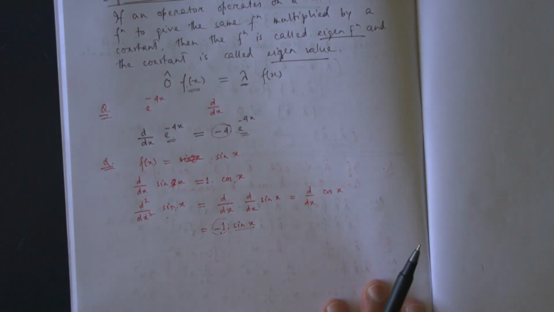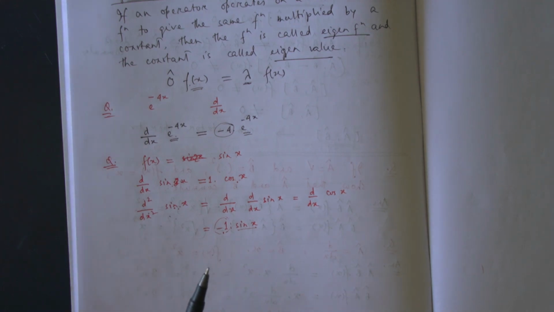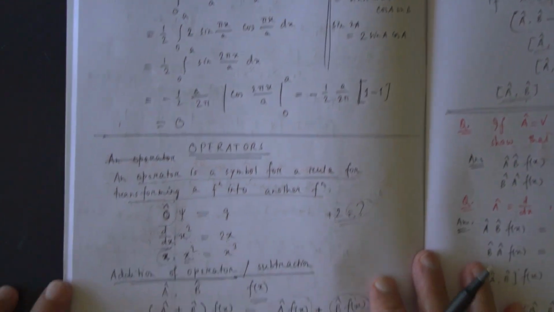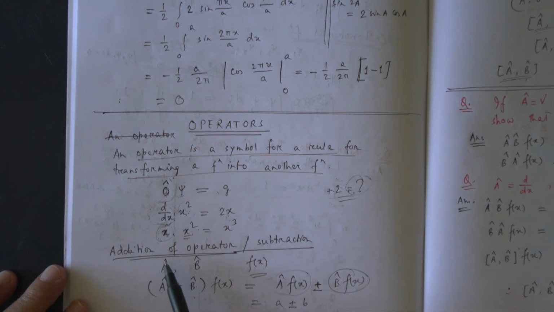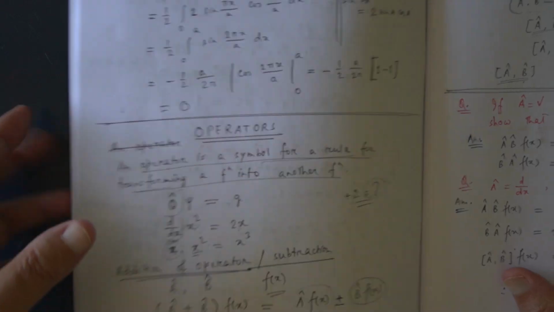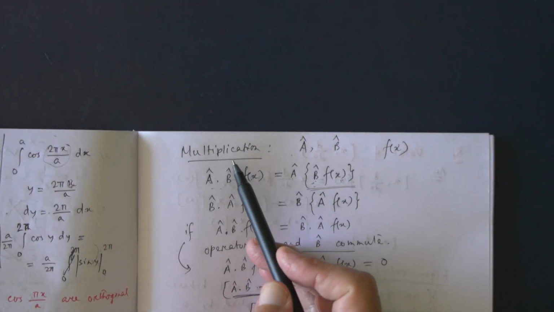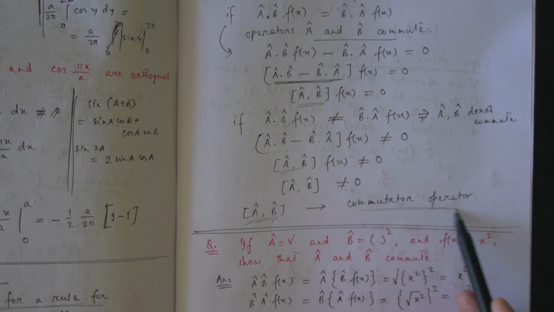So this is the example. Now, we were basically discussing operators. We have discussed addition, subtraction of operators. We have discussed multiplication of operators. Then we have talked about the commutator operator.